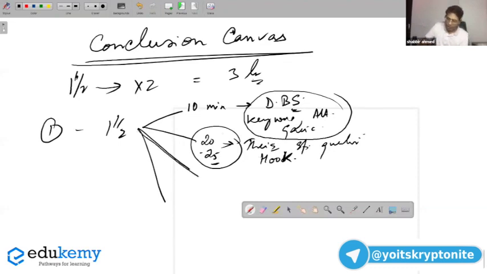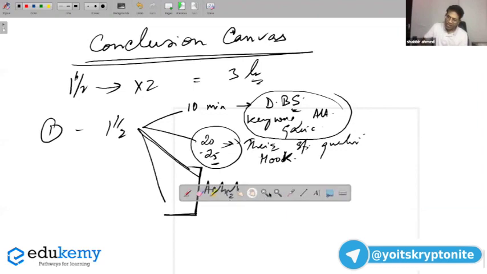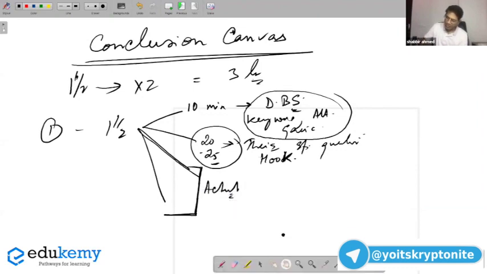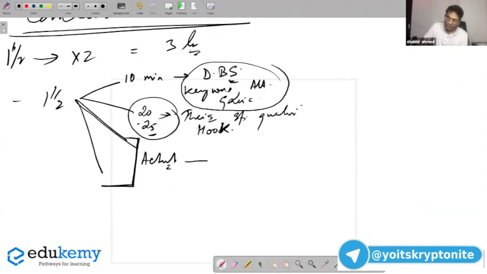Then your actual body starts. This is the actual essay writing. For the actual essay writing, you have less than 1 hour. Less than 1 hour, keep approximately 30 minutes for the conclusion.